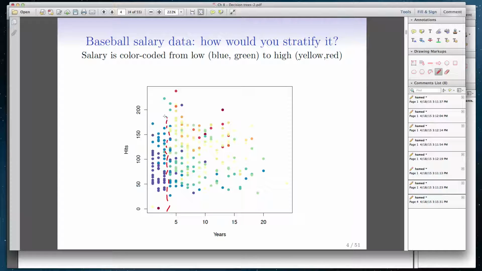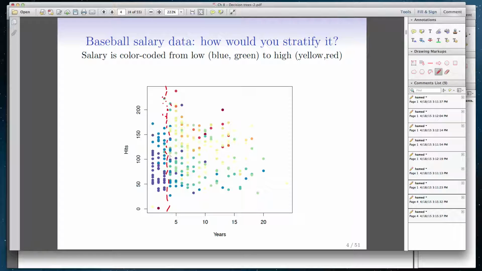Please accept that as a straight line from me. I'm using a very interesting pad that is not that precise. So before this straight line, what we can see is that no matter how many hits you had, your income would be small. But after this line, let's say if you have 5 or 10 years of experience, then what determines your income is the number of hits.